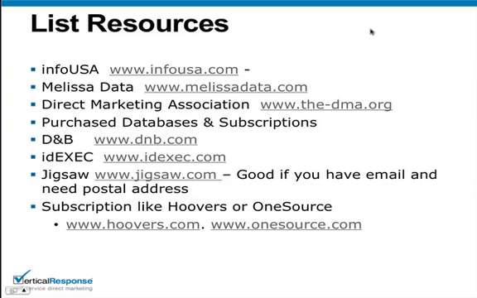The DMA, the Direct Marketing Association, has a good mailing list search tool, so you can search for lists that are available. You just need to go to their website, which I have up there, the-dma.org, and then under the Resources tab, search for mailing lists, and you can type in any kind of parameters that you want.